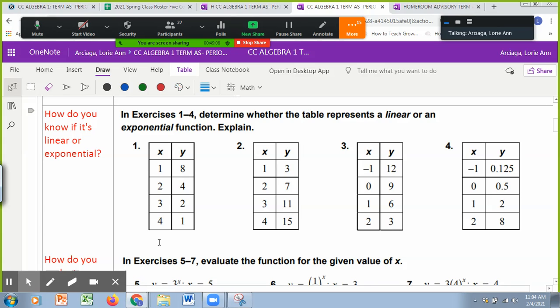How do we know if it's linear or exponential? Let's try. Can you tell me by how much these numbers are changing?